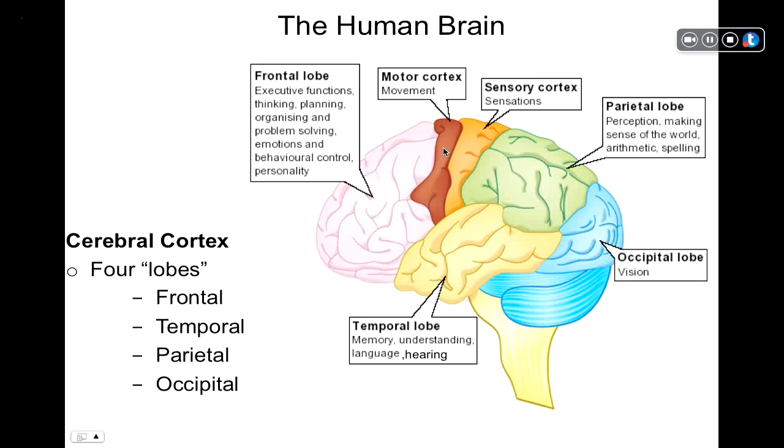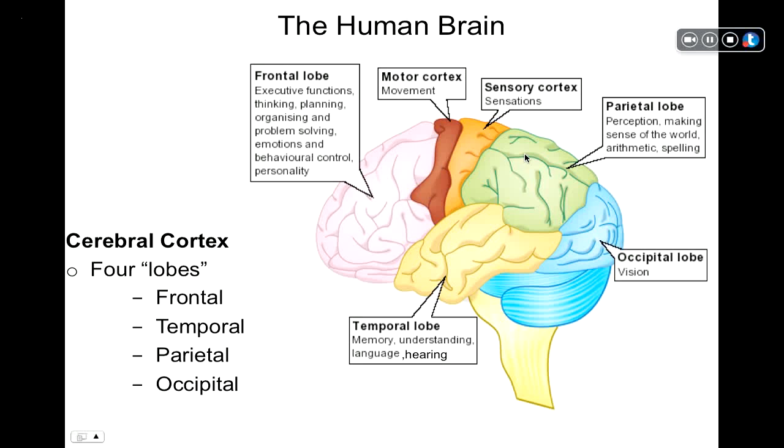So if I put an electrical probe on any part of this, I can get a corresponding movement in that part of the body. So that's the frontal lobe. The temporal lobe will go down here: memory, understanding, language, and hearing. For example, you'll read about Broca's and Wernicke's areas, which are in the left temporal lobe. So damage to the left temporal lobe will likely result in language impairment.